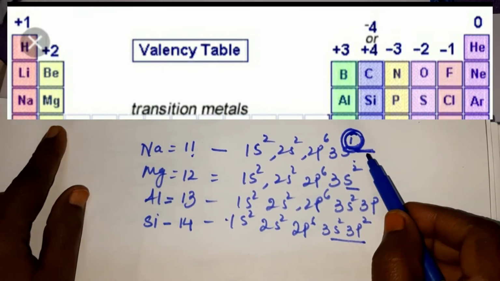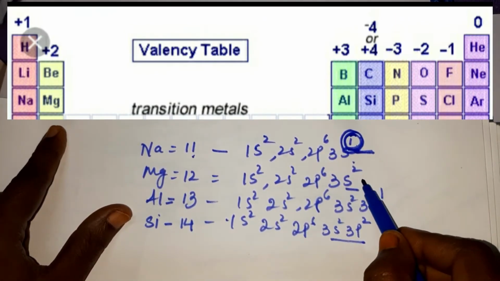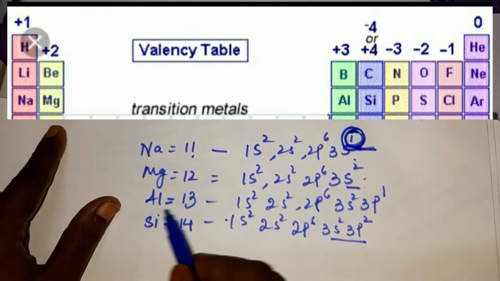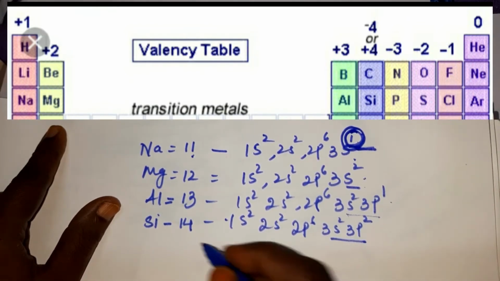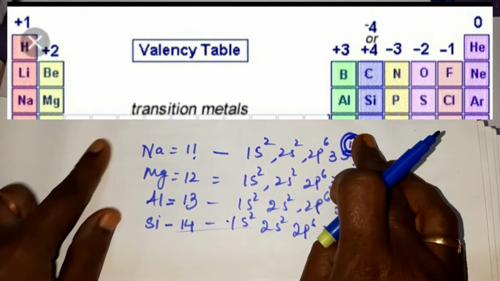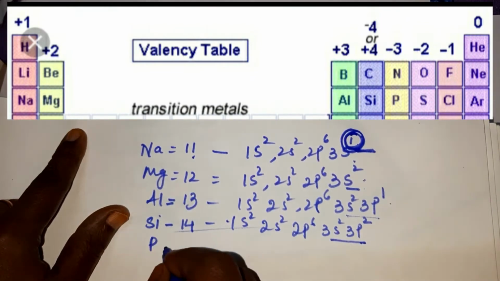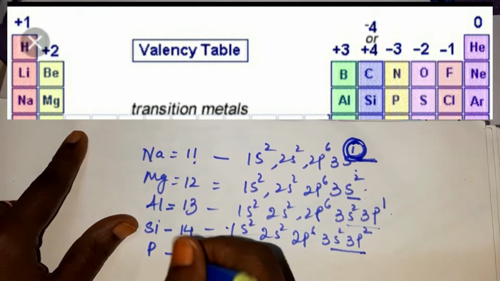Metals have the tendency to donate electrons. Magnesium is a metal, 2 electrons, and the 2 valence electrons can be donated. Aluminium will donate 3 electrons. If you come to silicon, children, silicon is a metalloid. It has the properties of both metals and non-metals. Then phosphorus, atomic number 15, children.